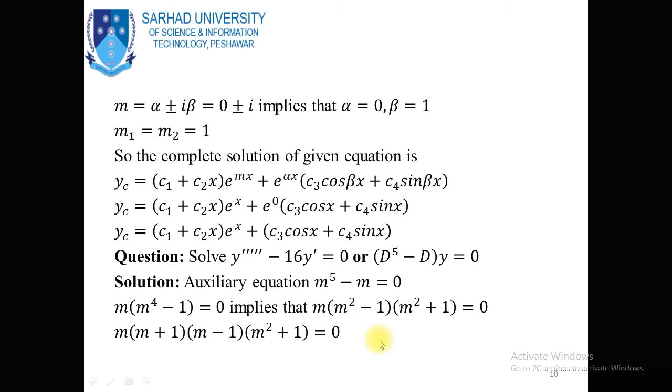So you see over here, dear students, note that this point is very important. This is actually alpha 0 plus minus iota, this is equal to alpha, and the coefficient of iota is 1, so beta is 1, and the other two roots are real and repeated.